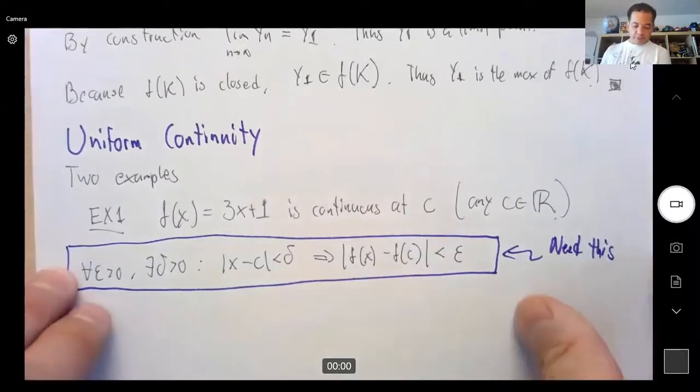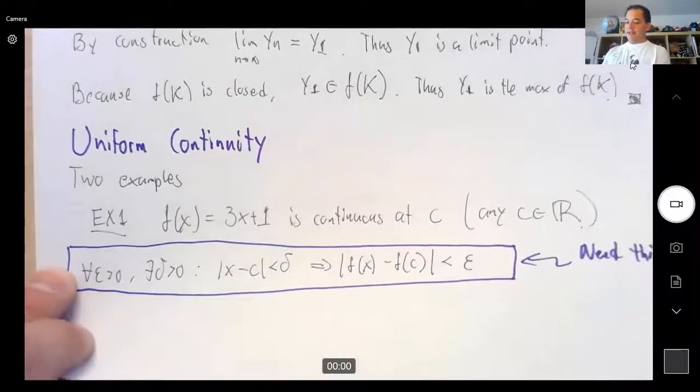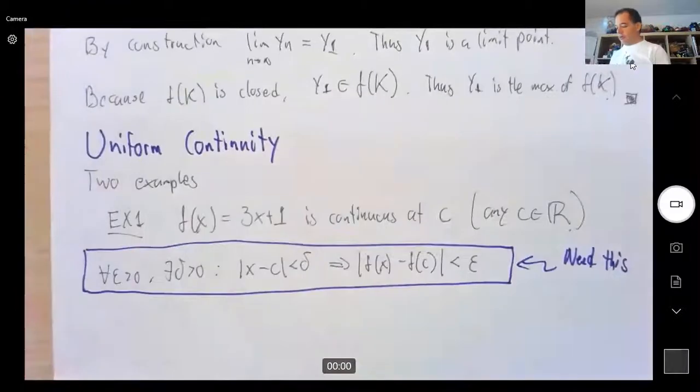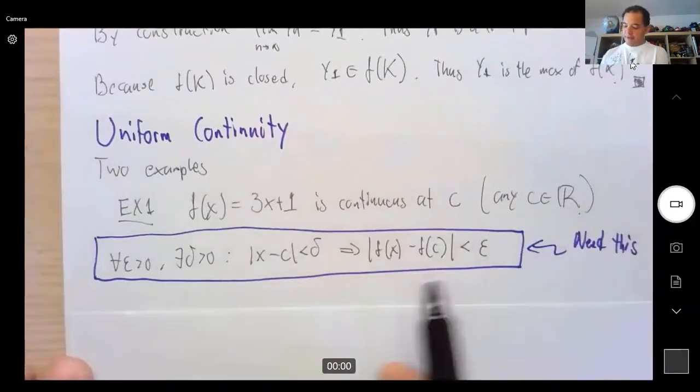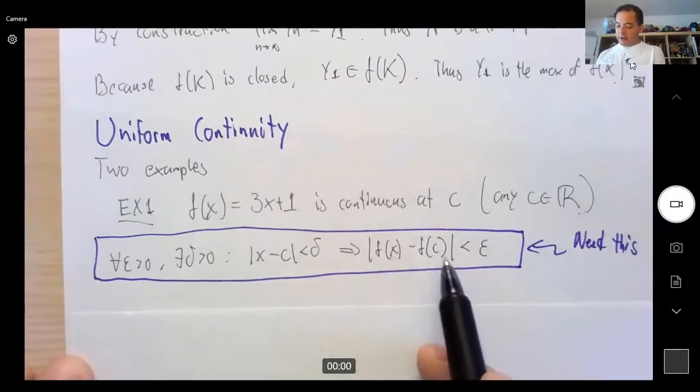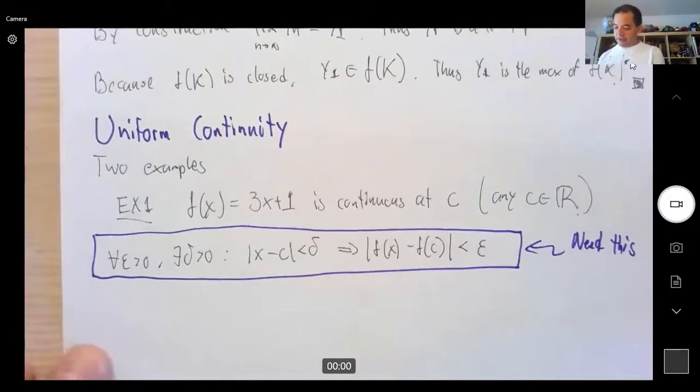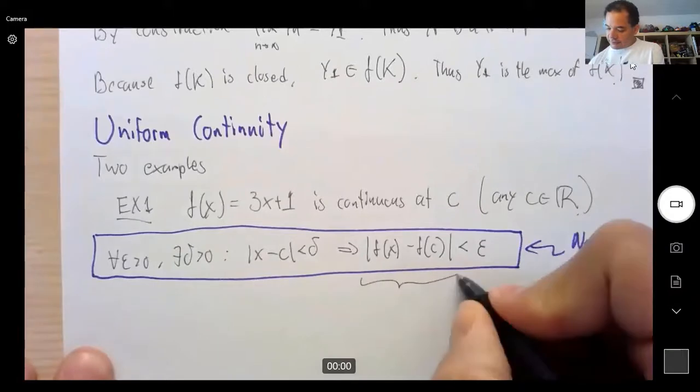Okay, now how are we going to do it? Well, we need to specify what is the delta that works, right? Depending on the epsilon that we have, and that's what we're going to do. And we've done this type of problems before. In this case, if you start with f of x minus f of c, let's write it here. So what is this one over here?